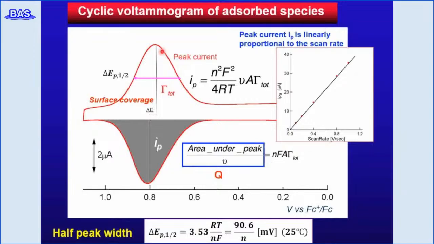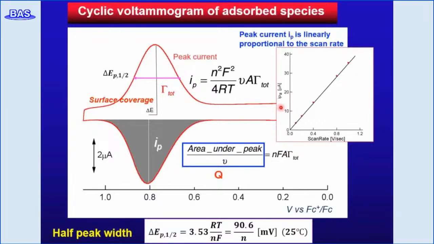The peak width delta Ep half, at 1/2 of the peak current, is 96 millivolt for a 1-electron system. The peak current value is proportional to the first order of the scan rate. As shown in the inset of the plot, plotting the scan rate on the horizontal axis and the peak current on the vertical axis yields a straight line passing through the origin.